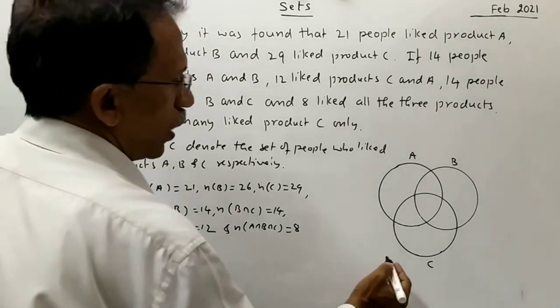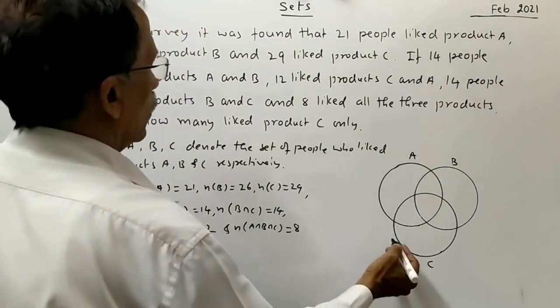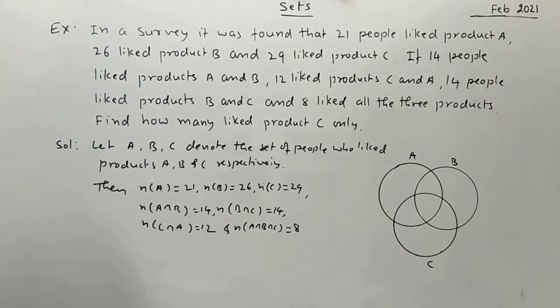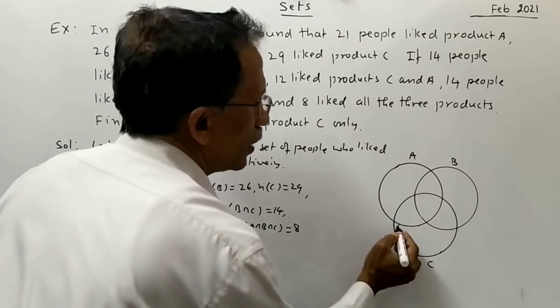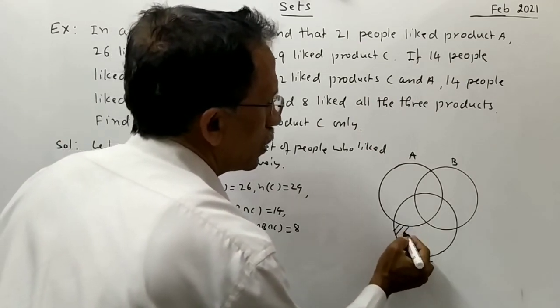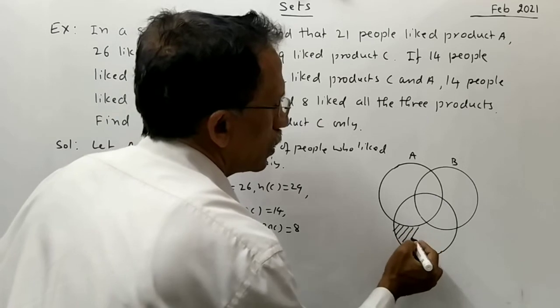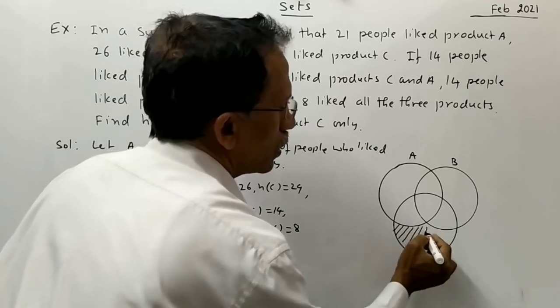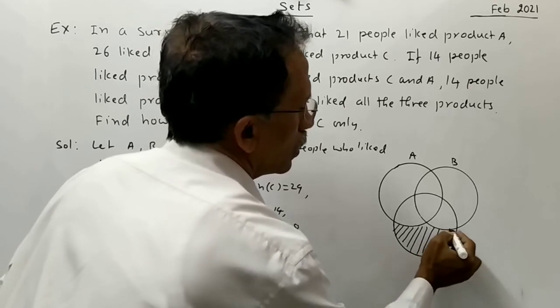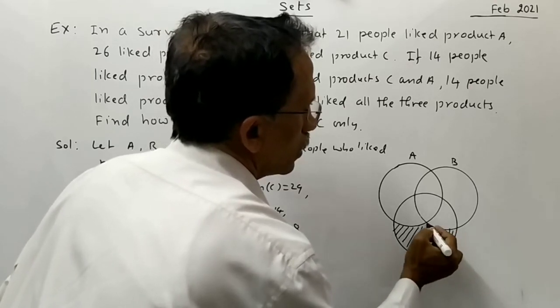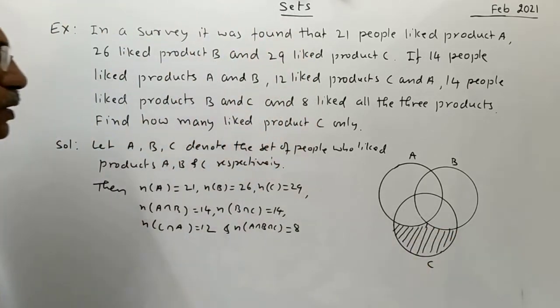We are supposed to find the number of people who liked product C only. In the figure, the shaded portion represents the number of people who liked product C only.